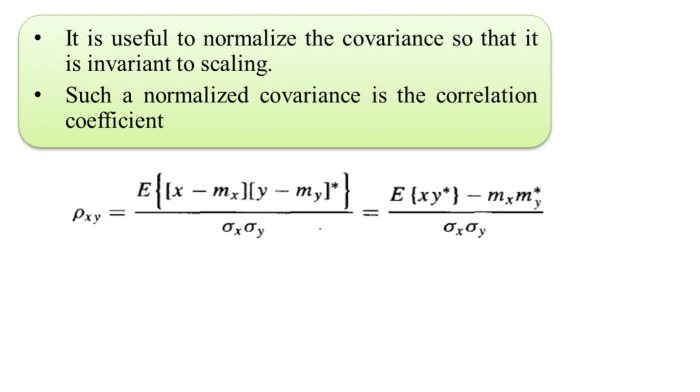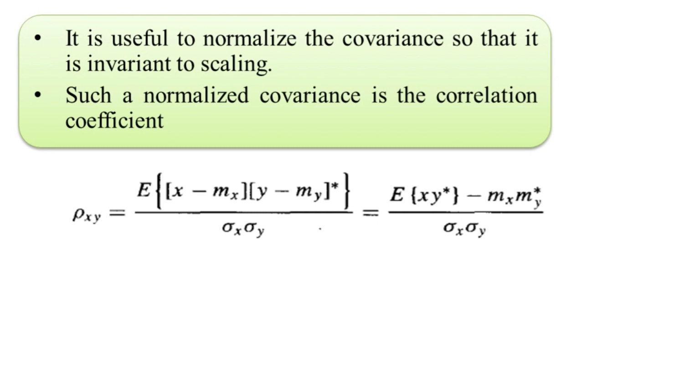For the two random variables x and y, it is computed as a ratio: the covariance in the numerator, divided by the multiplication of sigma suffix x and sigma suffix y.